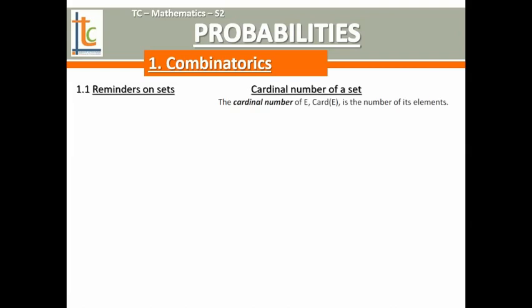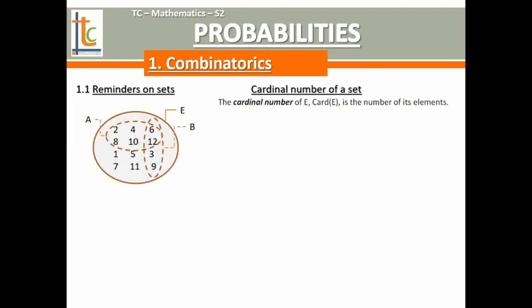For example, if our set is our alphabet, the cardinal number of our alphabet is 26. That's as simple as that. The cardinal number of the set of the integers from 10 to 20 is 11. There are 11 numbers from 10 to 20, and so on. It's very simple, you must admit that. But what will appear here are formulas on cardinal numbers.